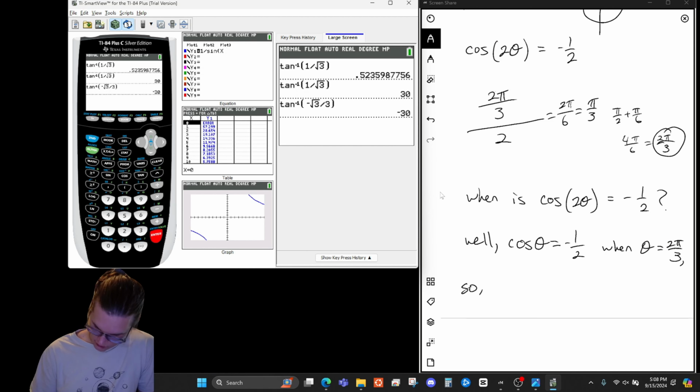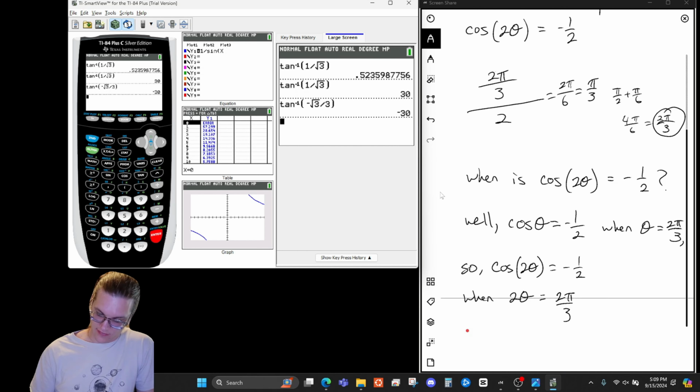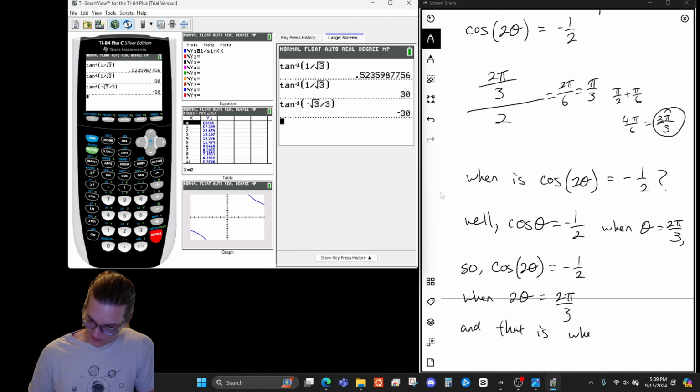So cosine of 2 theta equals minus 1/2 when 2 times theta equals 2 pi over 3. I hope this makes sense so far. And that is when theta equals 2 pi over 6, which equals pi over 3, right? I thought I'd write it in words to be more helpful. I hope it doesn't actually make it more confusing, but there you go.